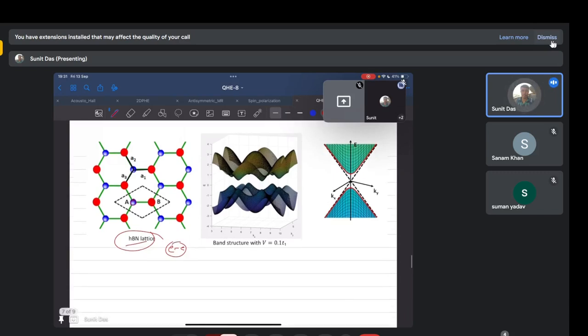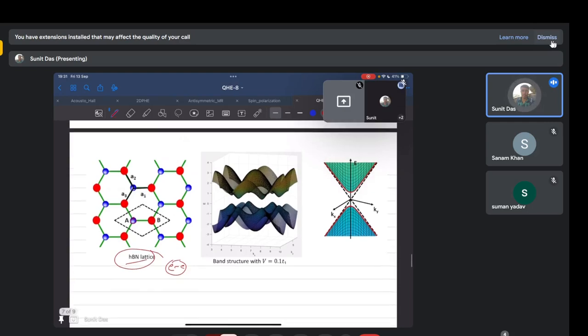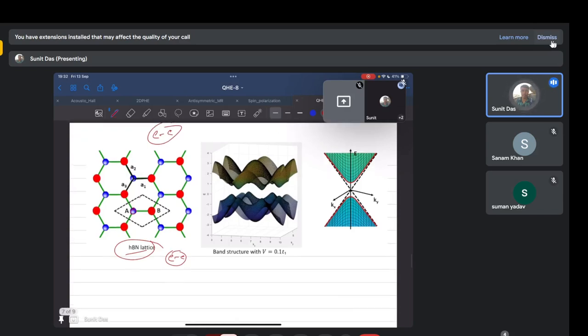So this kind of system has a structure identical to graphene, but there are different atoms, meaning the chemical composition itself is different. In graphene we had only carbon and carbon, right? Although they are inequivalent carbons, that was not breaking inversion symmetry. But here we have different atoms altogether.